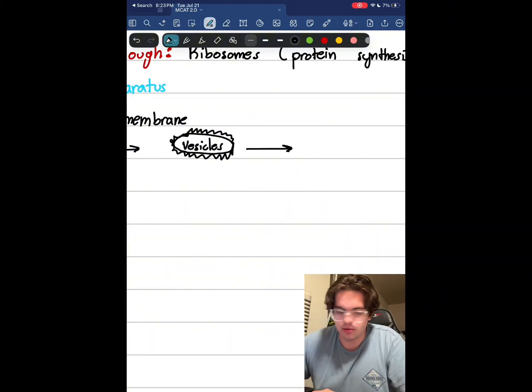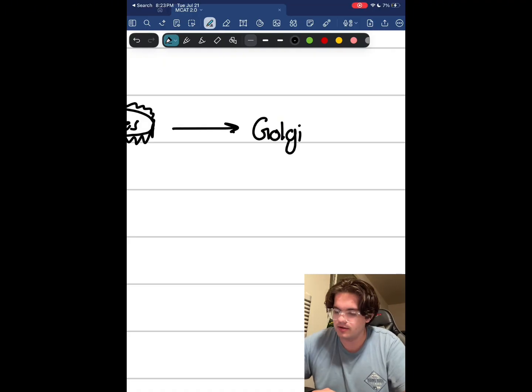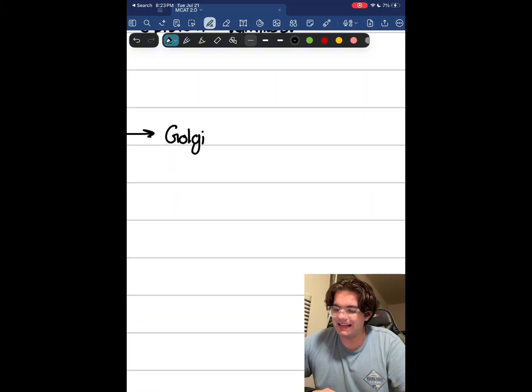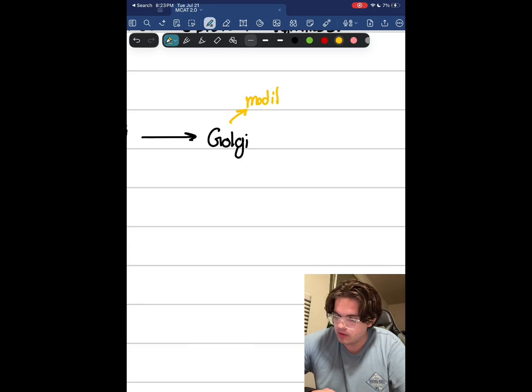So these vesicles from the ER are going to that Golgi, right? And Golgi apparatus, it's just shorthand. And inside the Golgi, it's important to know that we are going to have modification. So at the Golgi, we have modification.